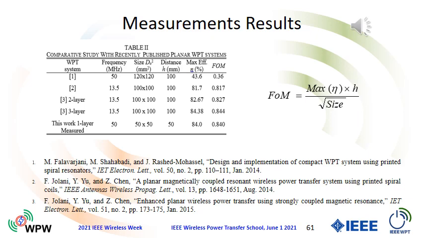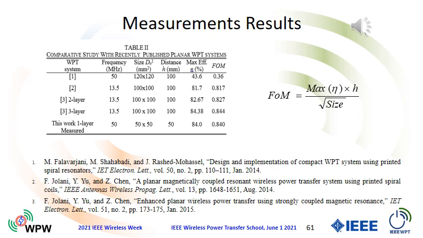The offered symmetric wireless power transfer system, with transmitter and receiver areas of 50 by 50 millimeter square, achieves a maximum efficiency of 84% at transmission distance H equals 50 millimeter.